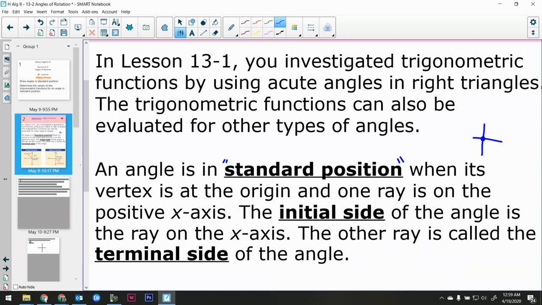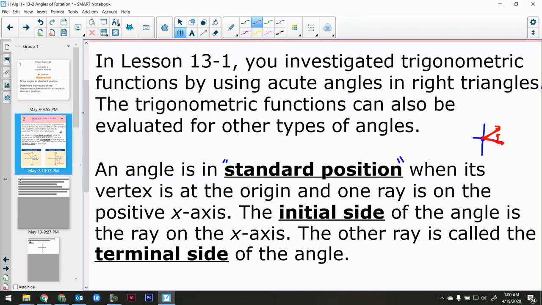Now, one of the rays is going to be on the positive x-axis. So if I was to open up a 45-degree angle, that would be how 45 degrees looks in standard position. The initial side is on the positive x-axis. The terminal side is where the other ray opens up to.